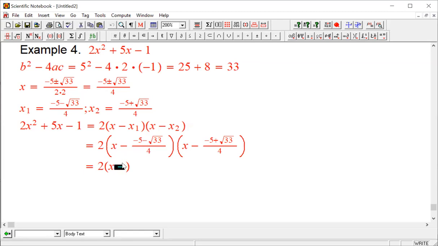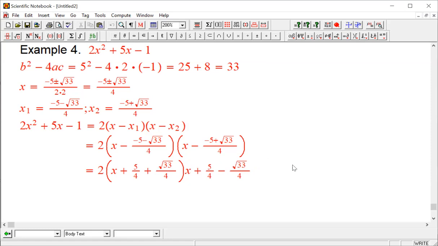So that's x plus 5/4 plus root 33 divided by 4. And the next one is x plus 5/4 minus root 33 over 4. And that's it. Those are the factors.